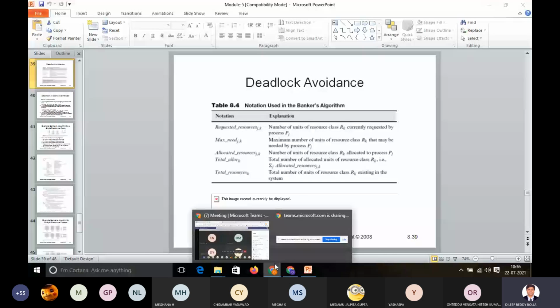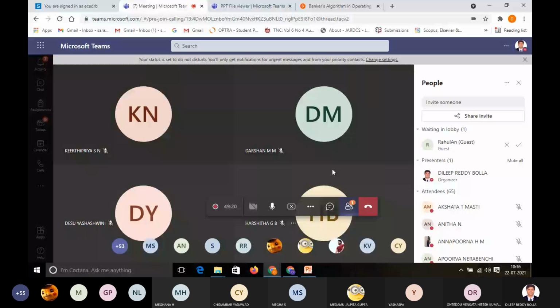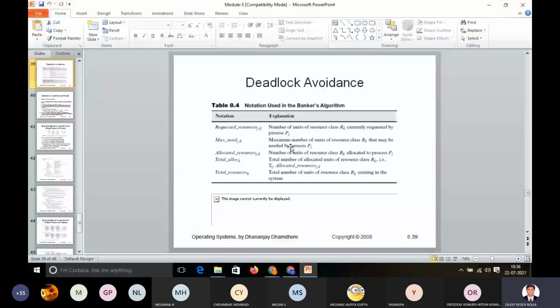The next session is the Banker's algorithm. That will be the end of your module 5. Any doubts so far, you can discuss. If not, that's it for today, and we'll continue the Banker's algorithm in the next session.